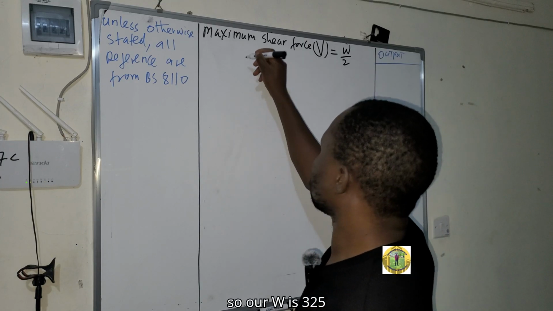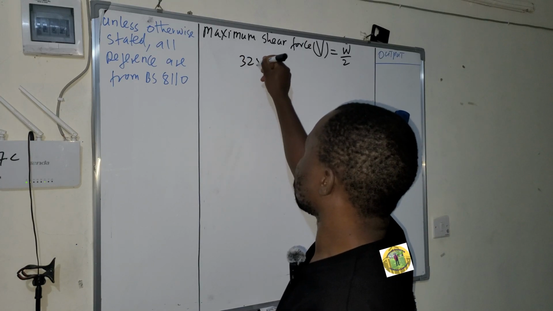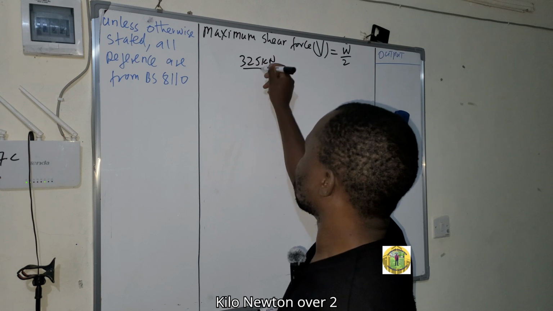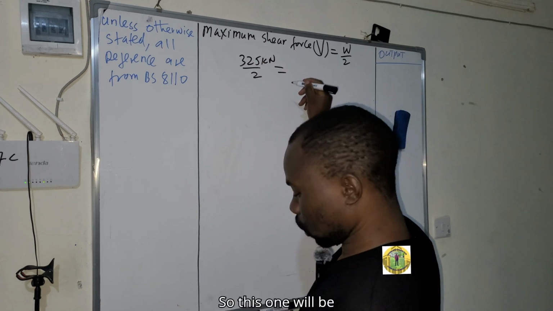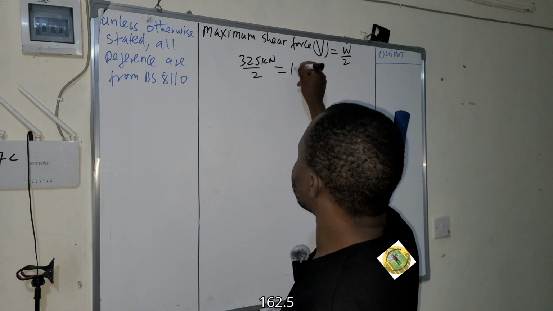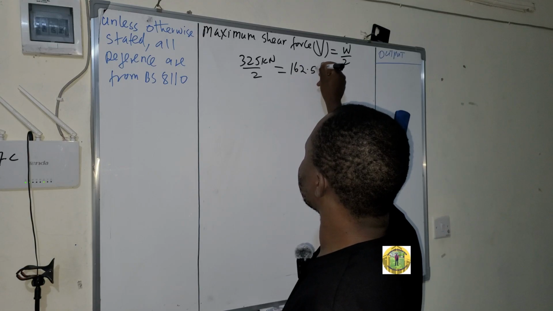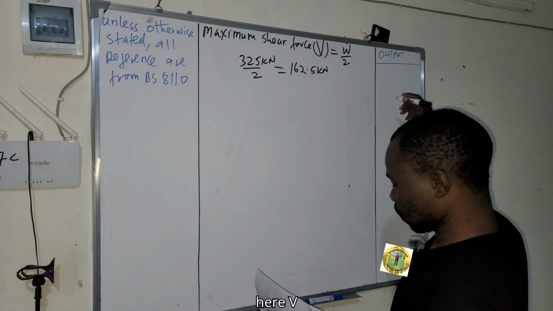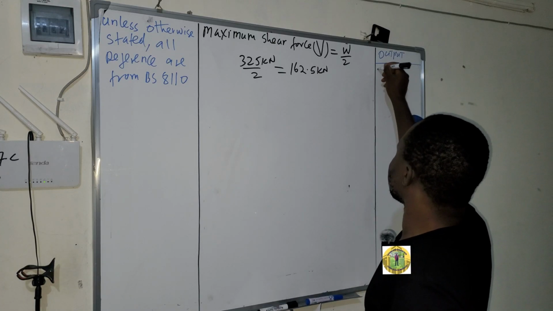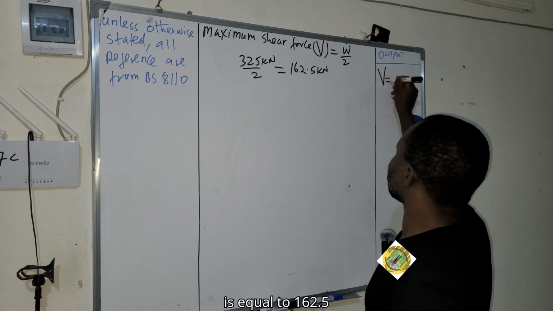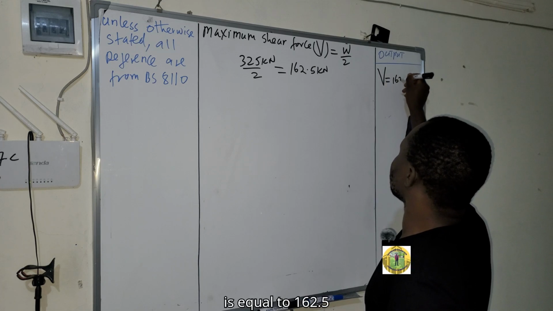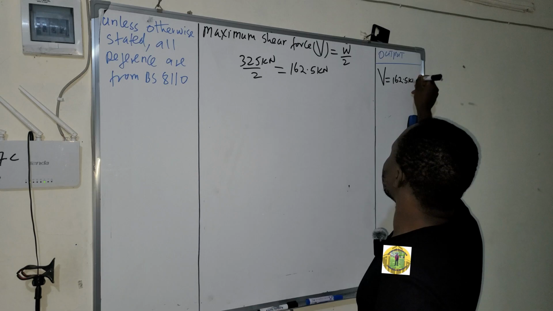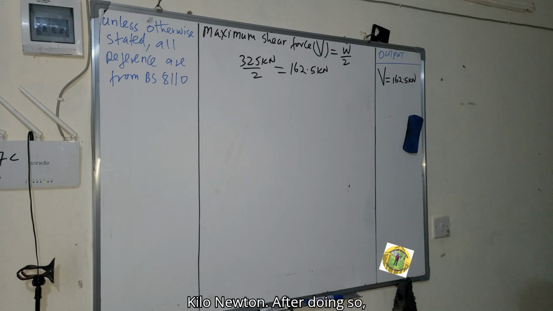So our W is 325 kilonewton over 2, so this one will be 162.5 kilonewton. So you come and write it here: V is equal to 162.5 kilonewton.